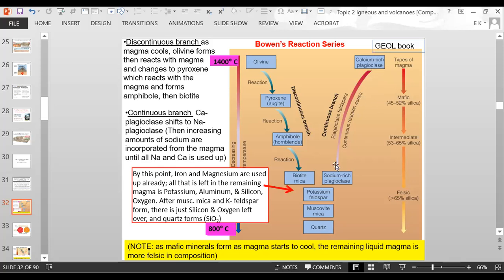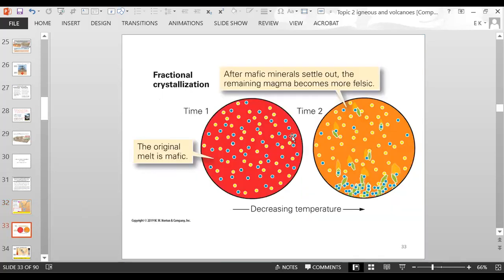The plagioclase works in a similar way: as the magma cools, the plagioclase incorporates more sodium than calcium. I'll show you on the next slide.